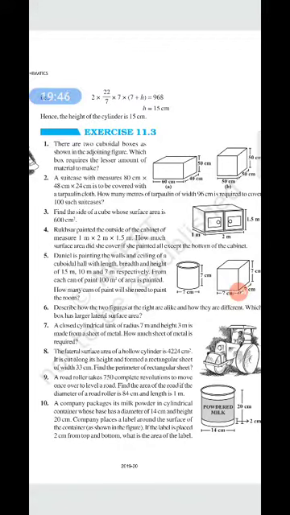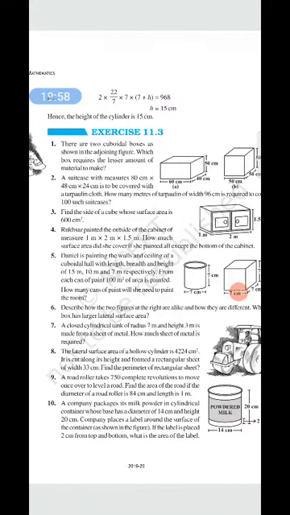Have a look at question number 7. A closed cylindrical tank of radius 7 meter and height 3 meter is made up of sheet of metal. How much sheet of metal is required? It's a very simple question, guys. You just need to calculate the surface area of the cylinder. We have already discussed this in the example.